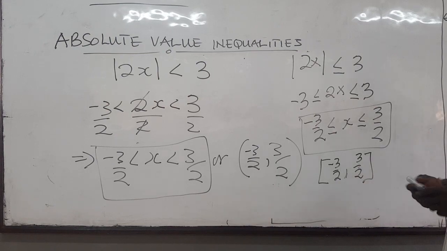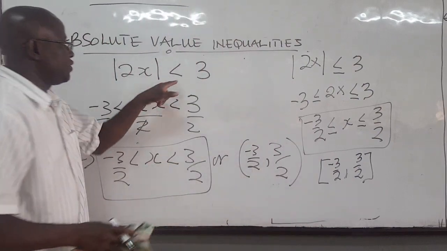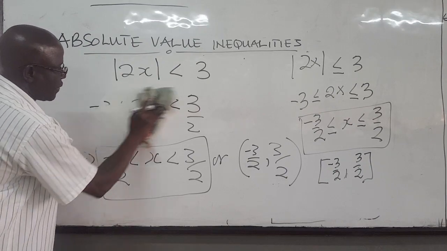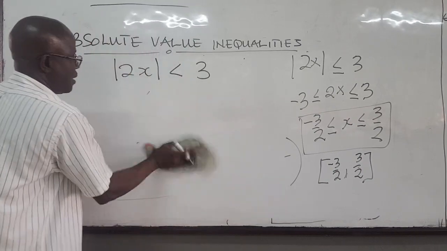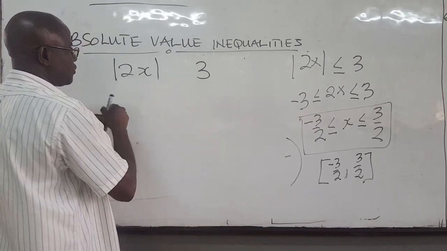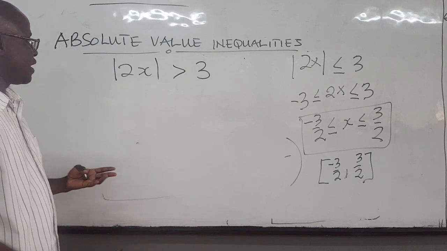Okay? Good. On the other hand, if this was not less than, but greater than, suppose we had the absolute value of 2x is greater than 3. Then we use the same concept again.